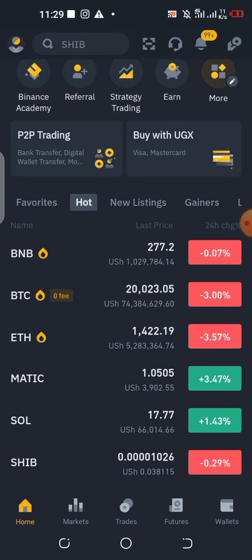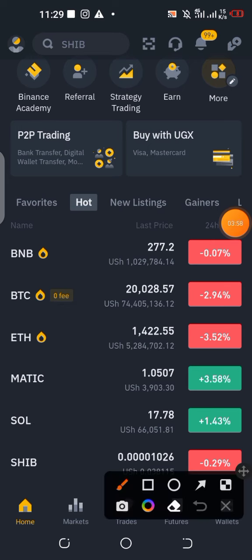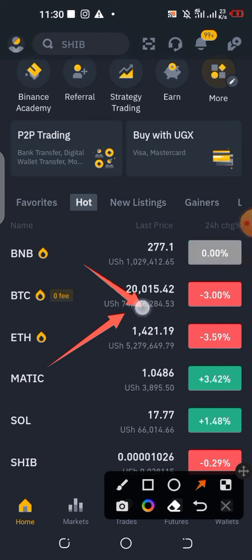As we get started, I want to show you something. As you can all see, the price of BTC is 74 million. It's always changing, so it's around 74 million Uganda shillings.